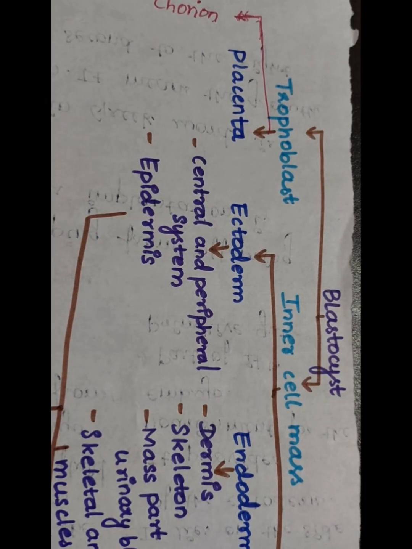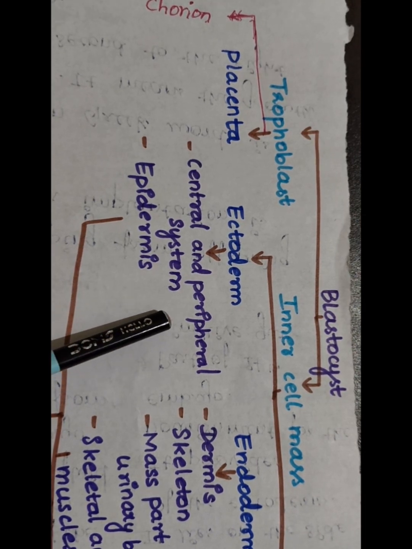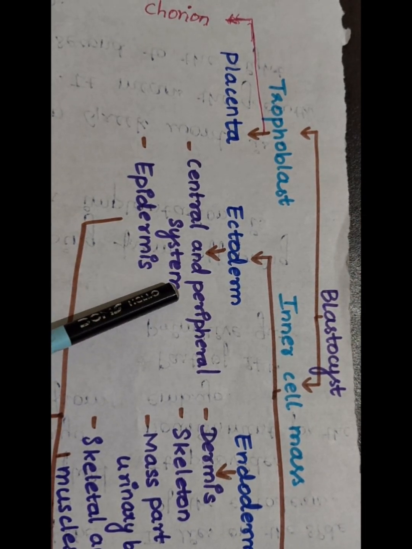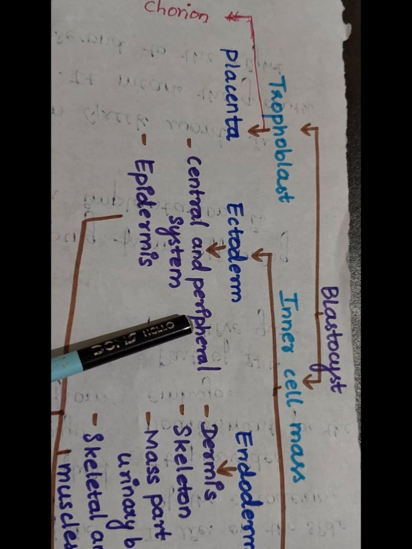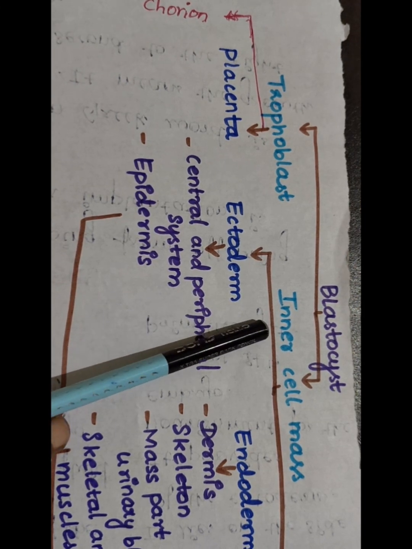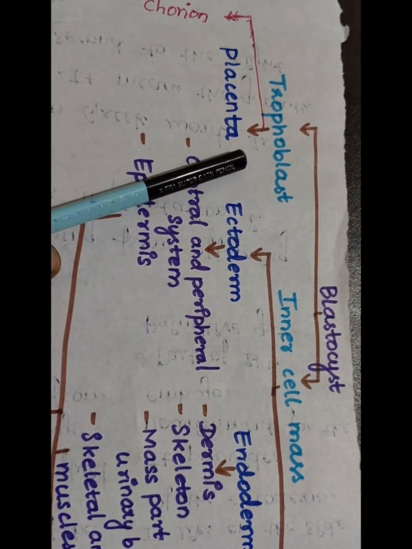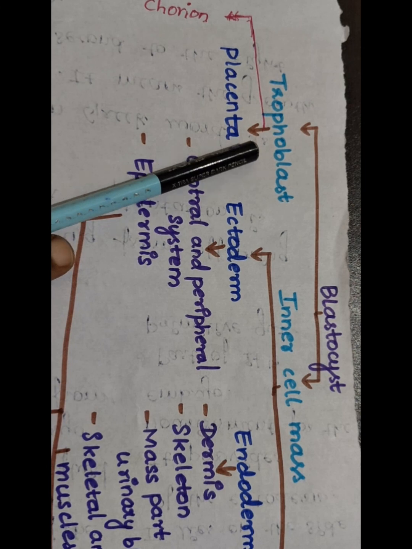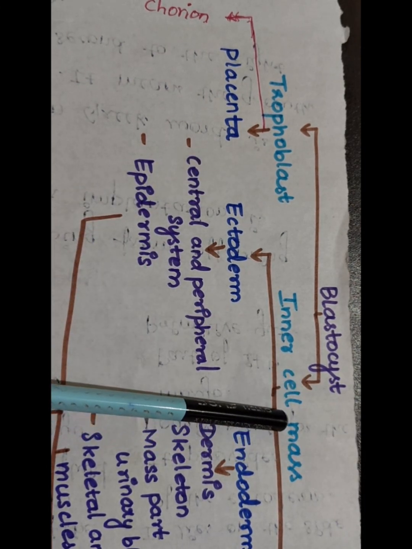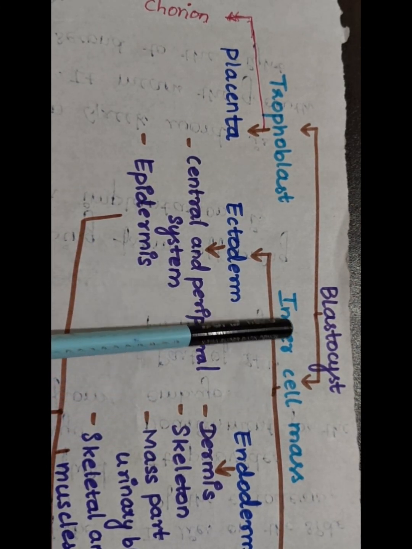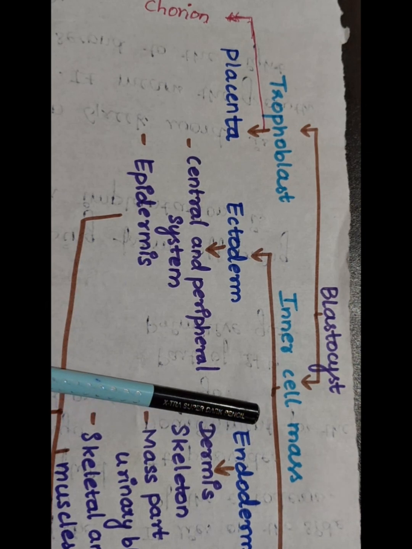If you look at this a little bit, you can understand which part will be developed in the blastocyst. The blastocyst has two parts: the trophoblast, which is the outer layer, and the inner cell mass. I showed that the fetus is developed from the inner cell mass.